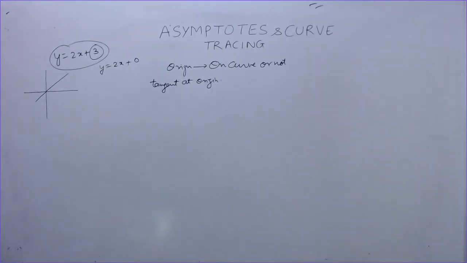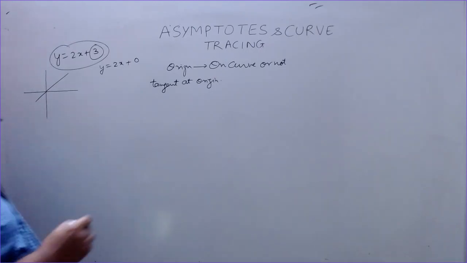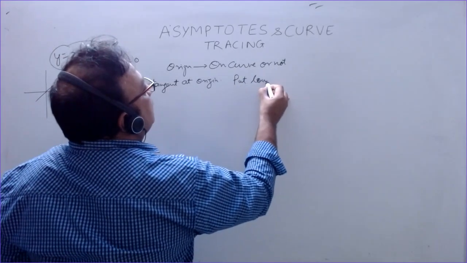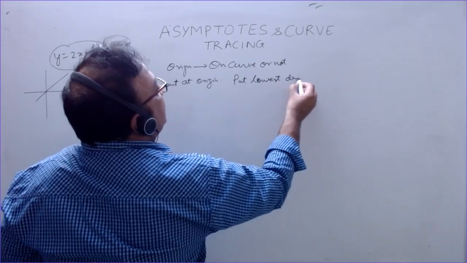So how to find the tangent at the origin? You can find the equation of the tangent to the curve at the origin by equating to 0 the lowest degree term in the equation.